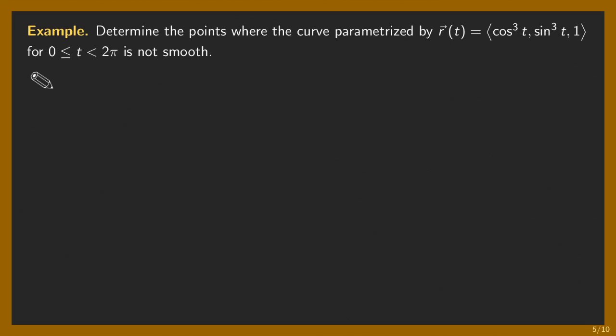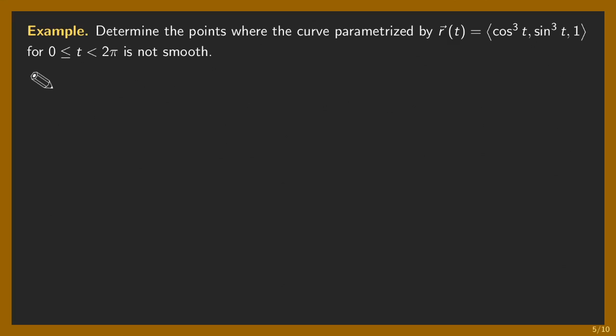So let us consider this example. Determine the points where the curve parametrized by the following vector equation for this interval of t is not smooth. So we're going to find the points where the curve is not smooth. In order to do that, we first get the first derivative.